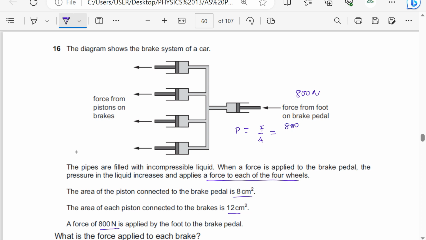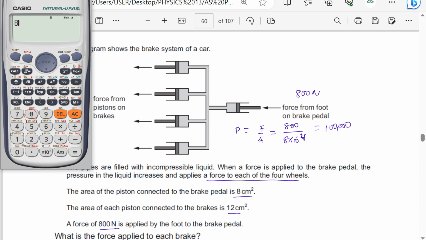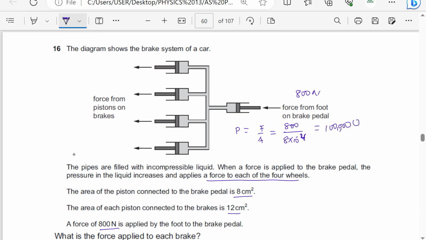It is going to be 800 newtons divided by the area of the brake pedal, which is going to be 8 by 10 power minus 4 to change centimeters squared to meters squared. 800 divided by 8 exponent minus 4 is 1 million pascals. So that is the pressure due to the brake pedal.